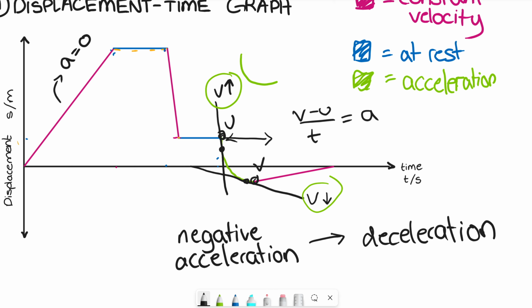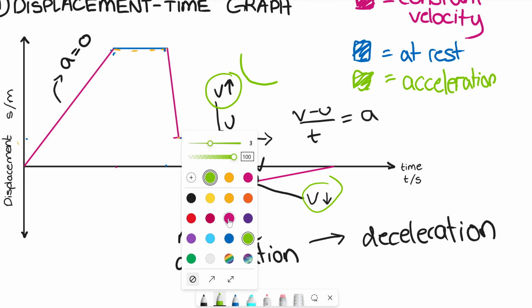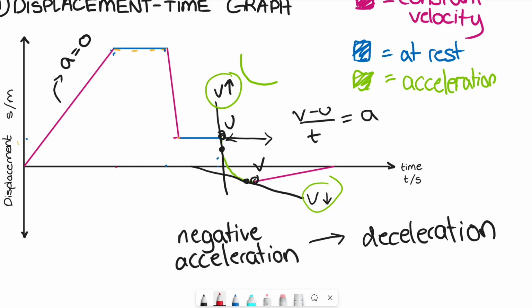And when you write, okay, let me just pretend like we have values here, so it makes it a bit easier. So the negative acceleration, say our acceleration was 3 meters per second squared.